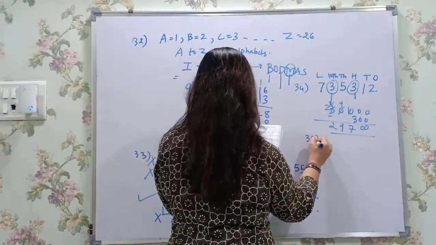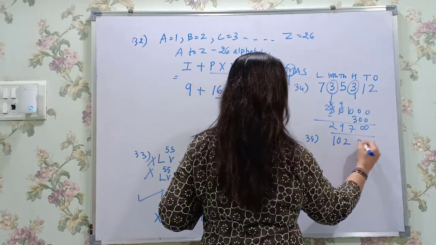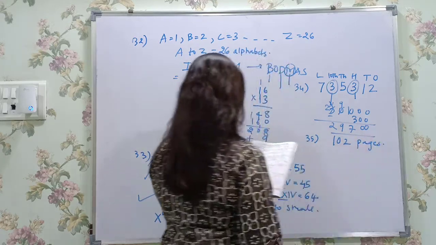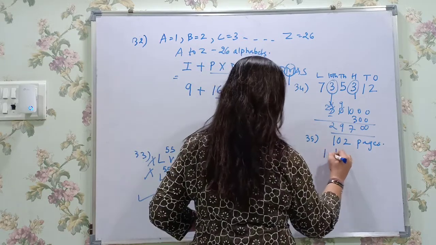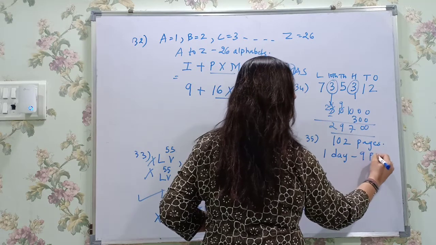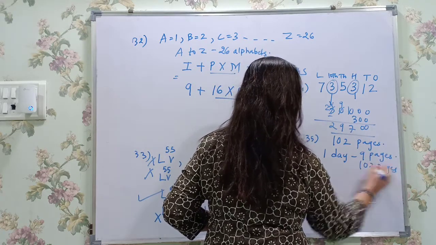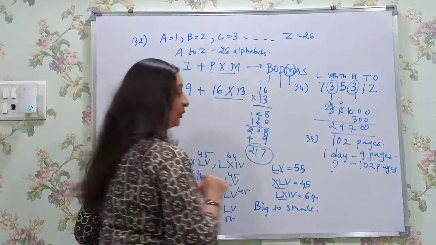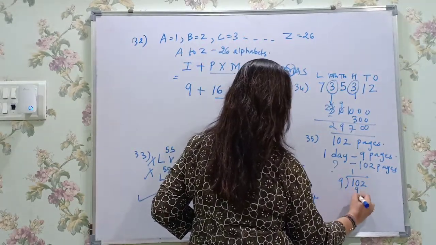Next, sum number 35. John is reading a book that has got 102 pages. Now, if he reads 9 pages in a day, so in one day he is reading 9 pages. So for 102 pages, how many days is he going to take? Okay. So we divide 102 by 9. 9 ones are 9. 1.